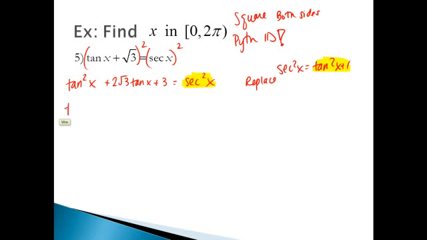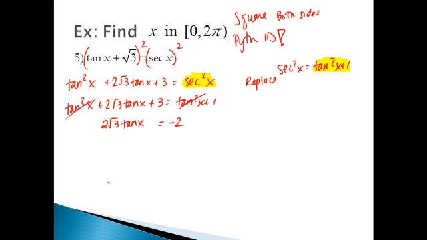And so now that gives me tangent squared x plus 2 root 3 tan x plus 3 equals tangent squared x plus 1. And then check that out. Tangent squared x cancels. So I get 2 root 3 tan x equals, well, minus the 3, over negative 2. And then we continue solving for tan x and rationalize. And voila, we get negative root 3 over 3.